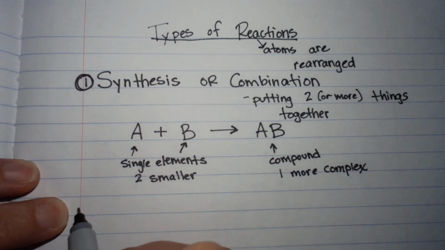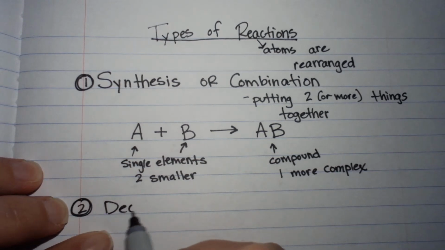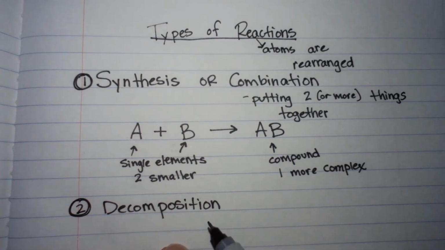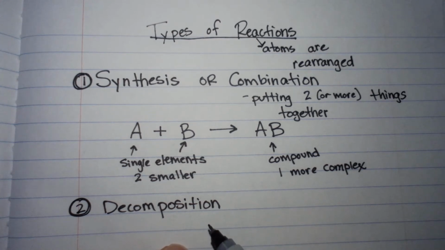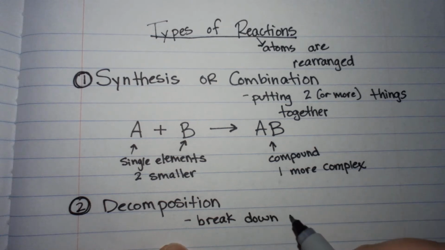The second one that we need to talk about is decomposition. What does it mean to decompose? To break down, right? Like leaves in the forest right now are decomposing. They're breaking down, they're becoming dirt. So decomposition is to break down, to fall apart.